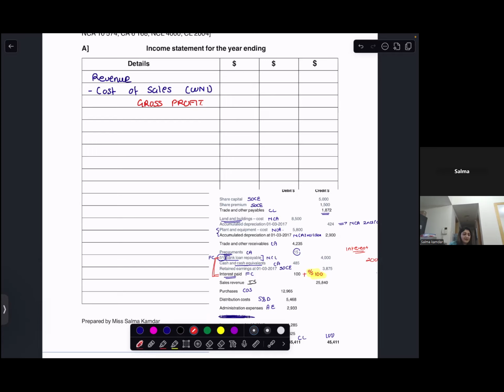From that, what do you minus? You minus the operating expenses. What are the operating expenses that we have? My first operating expense is administrative expenses. The next one is selling and distribution.